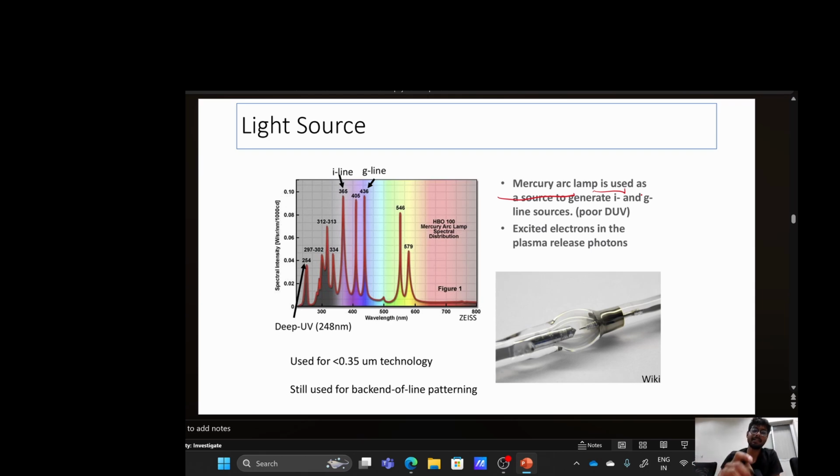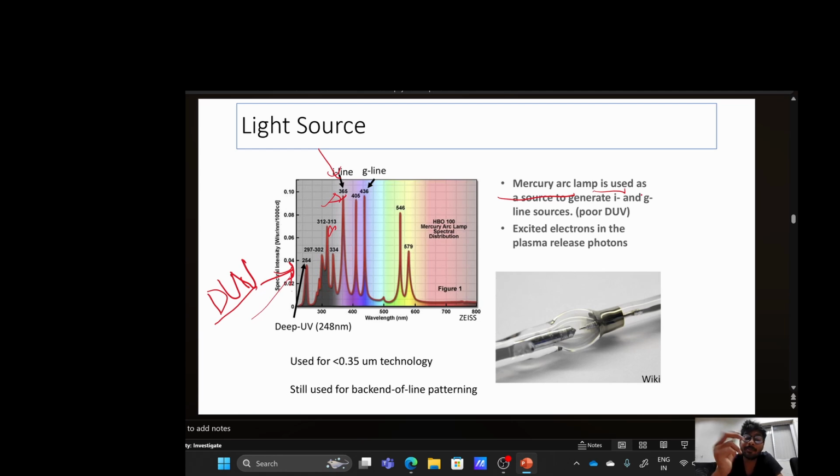These are the intensities of the mercury lamp at specific wavelengths, like 365 and 254. The 254 nanometer is deep UV light. 365 nanometer is mainly used for most of the processes, also in the Sense department. And 254 is used for smaller feature sizes.